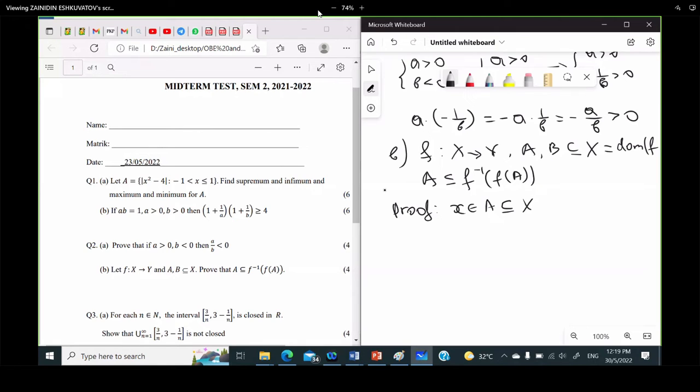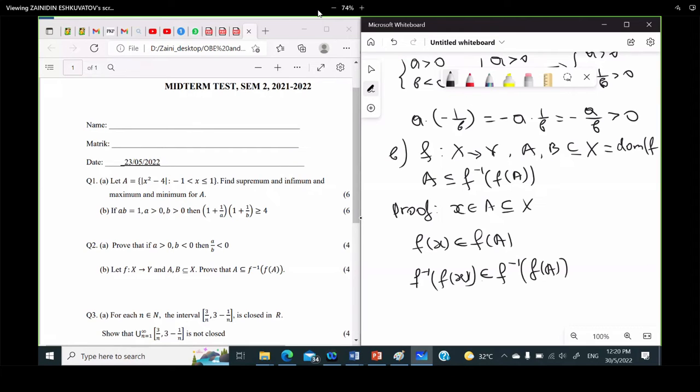Now when I act the f function on both sides, f of x is an element of f of A, because x is an element of A. Now if I act the inverse on both sides of this, it is also an element of f of A.